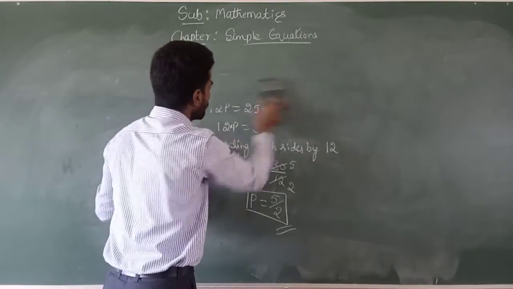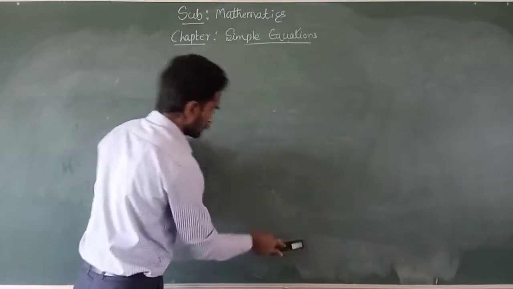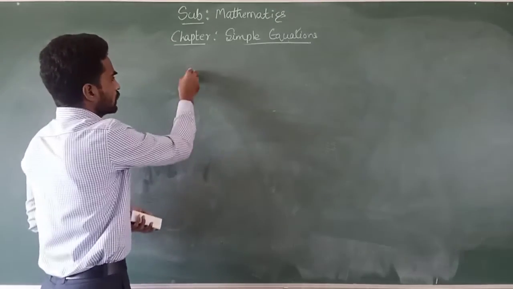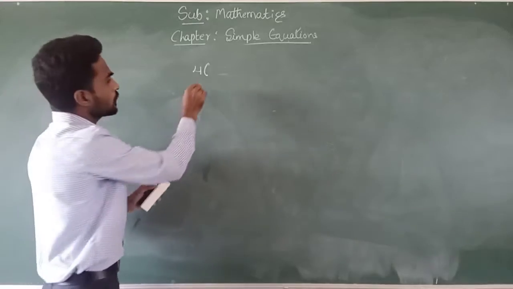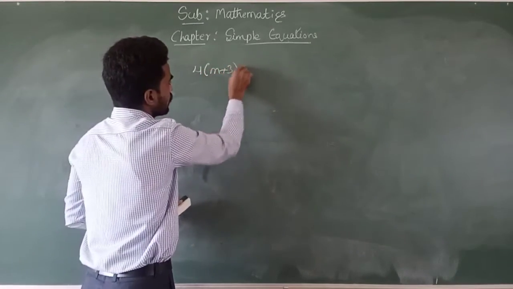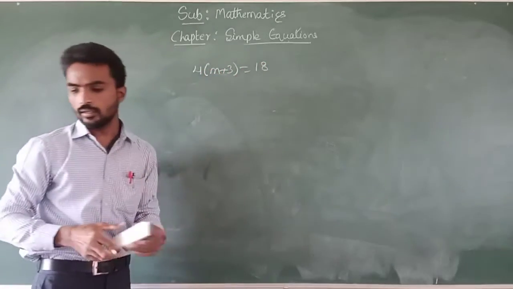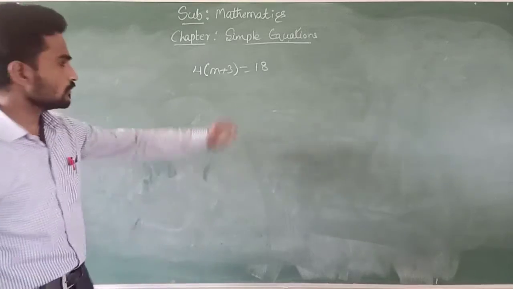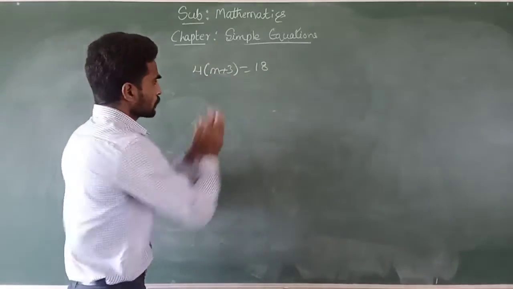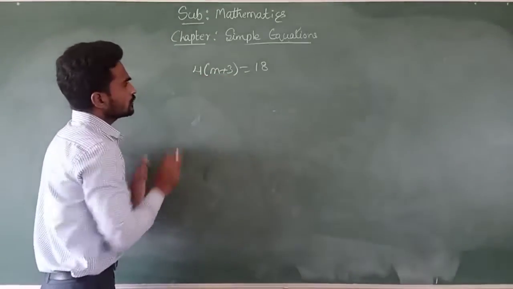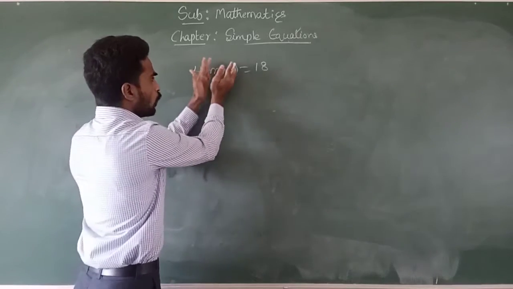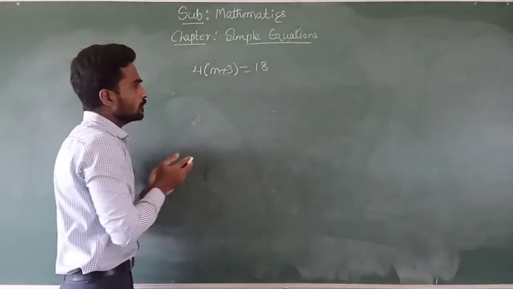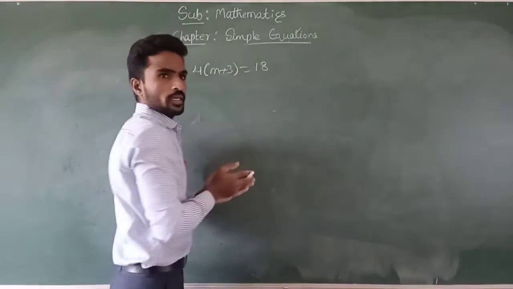Now, taking another example, 4 into m plus 3 is equal to 18. Just observe the equation. Here 4 is multiplied with the whole term m plus 3, which is equal to 18.